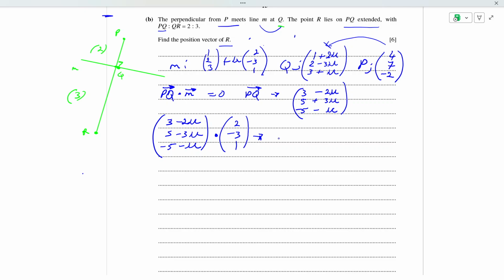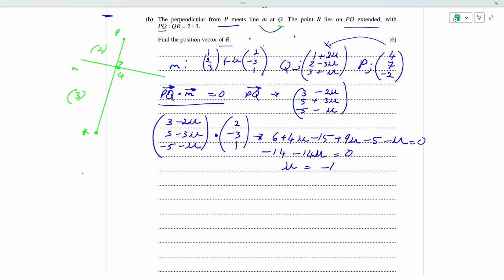You multiply that: 2 multiplied by 3 is 6, 2 multiplied by -2 mu is -4 mu, -3 multiplied by 5 is -15, -3 multiplied by -3 mu is plus 9 mu, 1 multiplied by -5 is -5, and 1 multiplied by -mu is -mu. When we simplify that, we have -14 plus 4 mu is equal to 0, because remember, the dot product is equal to 0. So thus we have mu is equal to -1.